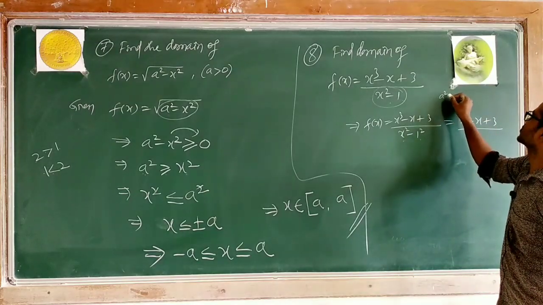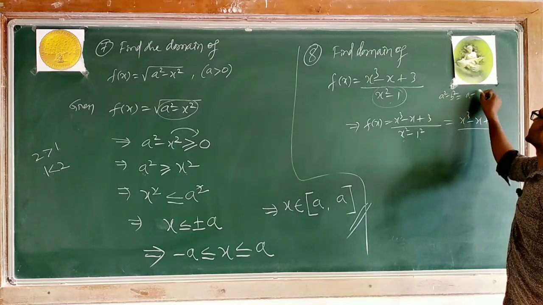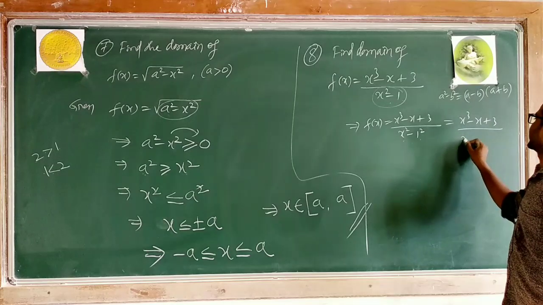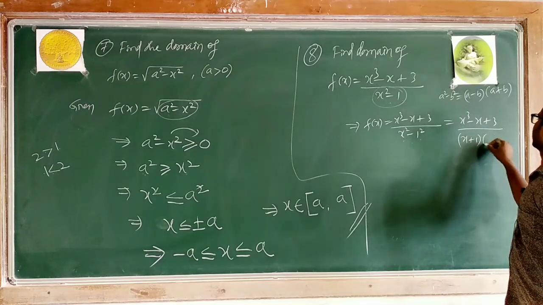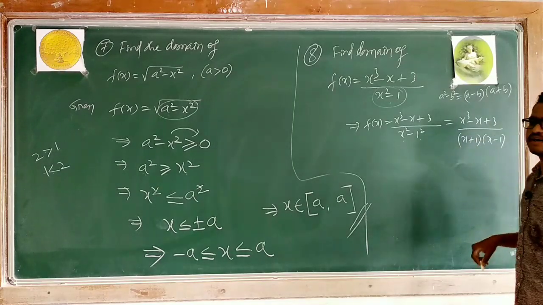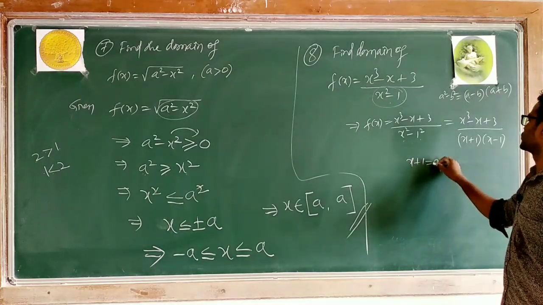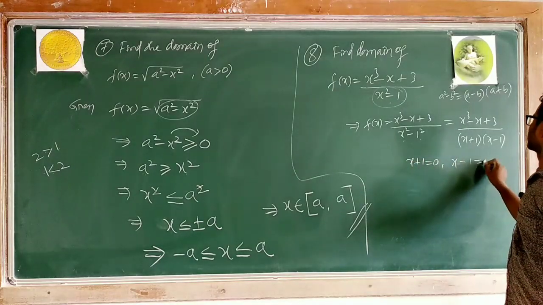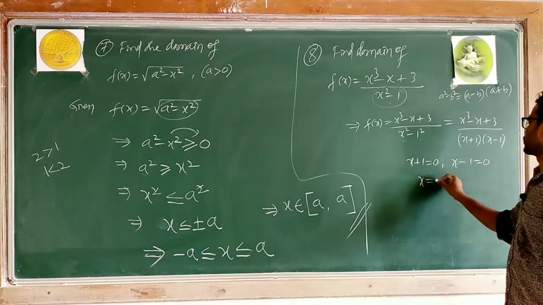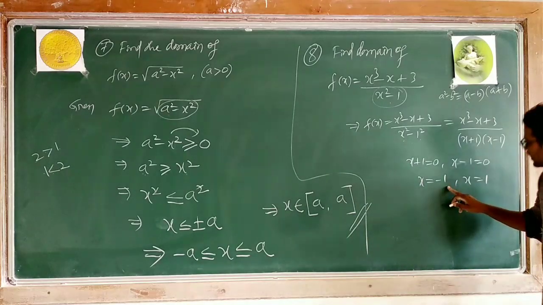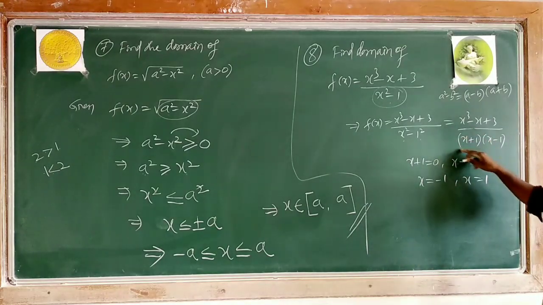What is a square minus b square? It is a minus b times a plus b. So this becomes x plus 1 times x minus 1. You will get zeros when x plus 1 is equal to 0 and x minus 1 is equal to 0, so x is equal to minus 1 and x is equal to plus 1. You substitute x is equal to minus 1, and the denominator will become 0.